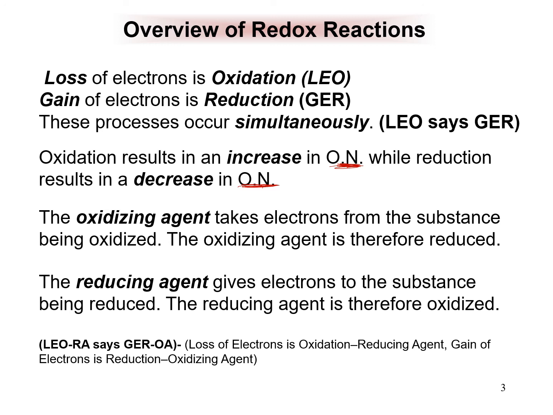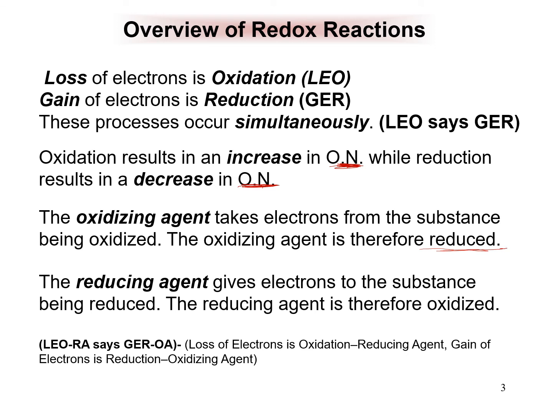Now, another definition here is oxidizing agent and reducing agent. If you think of the definition logically, an oxidizing agent is an agent that is oxidizing something. So what does the oxidizing agent do? It is oxidizing the other substance, so it by itself is getting reduced.